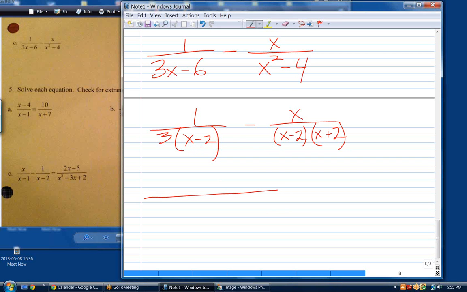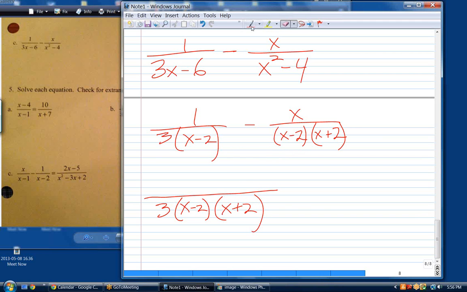It can't be x minus 2 because this doesn't divide into x minus 2. However, how about this as a common denominator? Notice that this term divides into that perfectly, and this term divides into that perfectly. And it's the lowest thing that does.